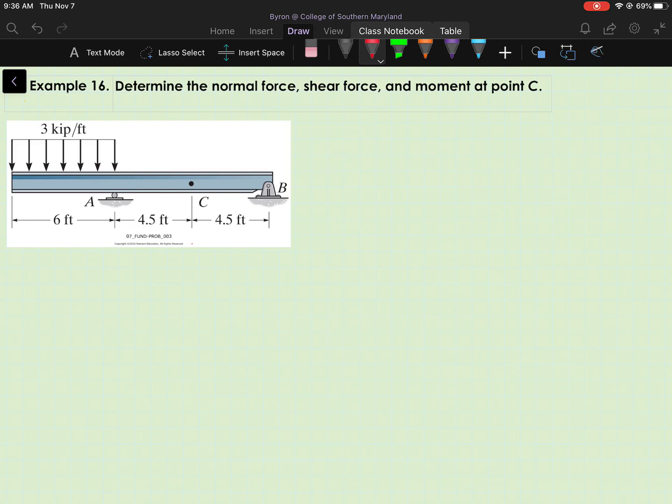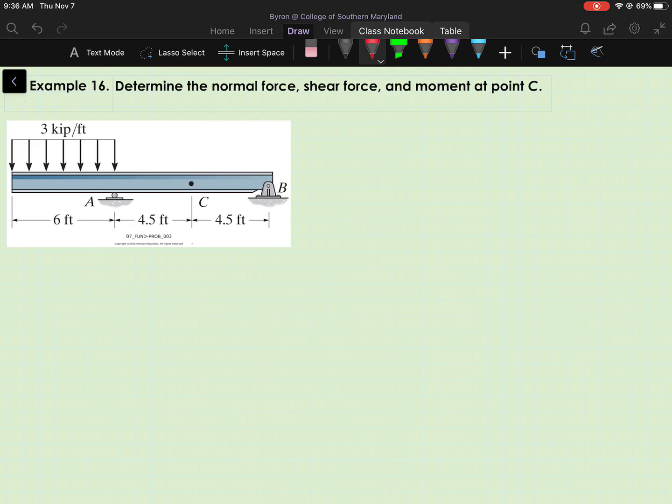For the 2D case, the internal loading is composed of a normal force, a shear force, and a bending moment about point C. For the 3D case, we add a fourth component known as the torsional or twisting moment.